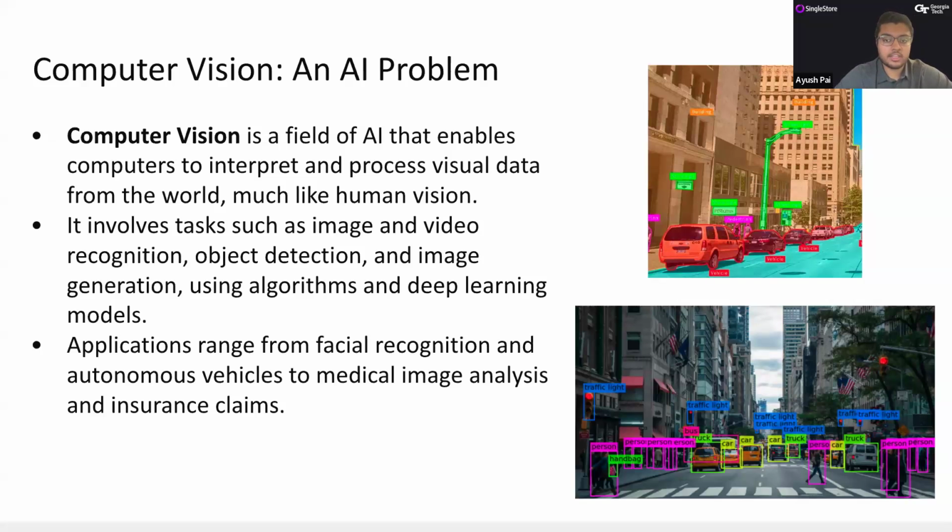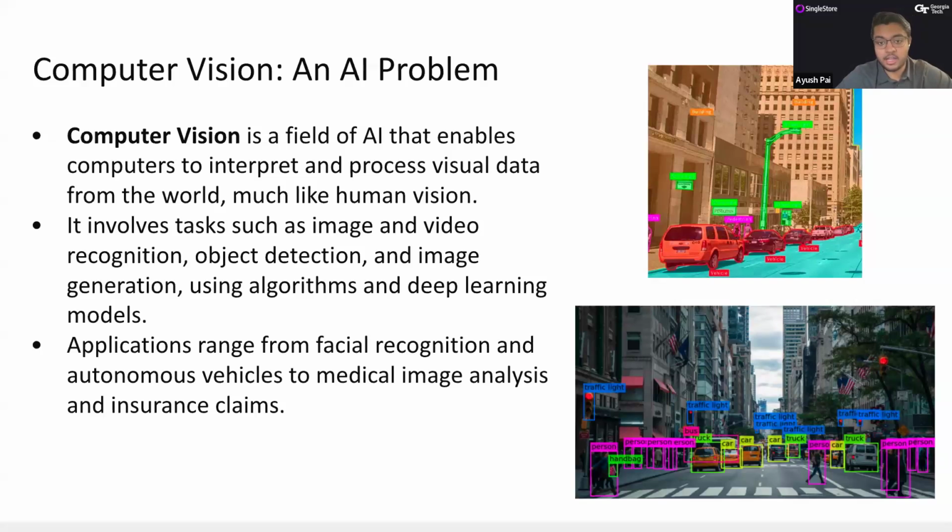This discipline encompasses a spectrum of tasks that include image and video recognition, object detection, image generation, and image segmentation. At its heart are sophisticated algorithms and deep learning models that enable the extraction and interpretation of meaningful information from visual inputs.